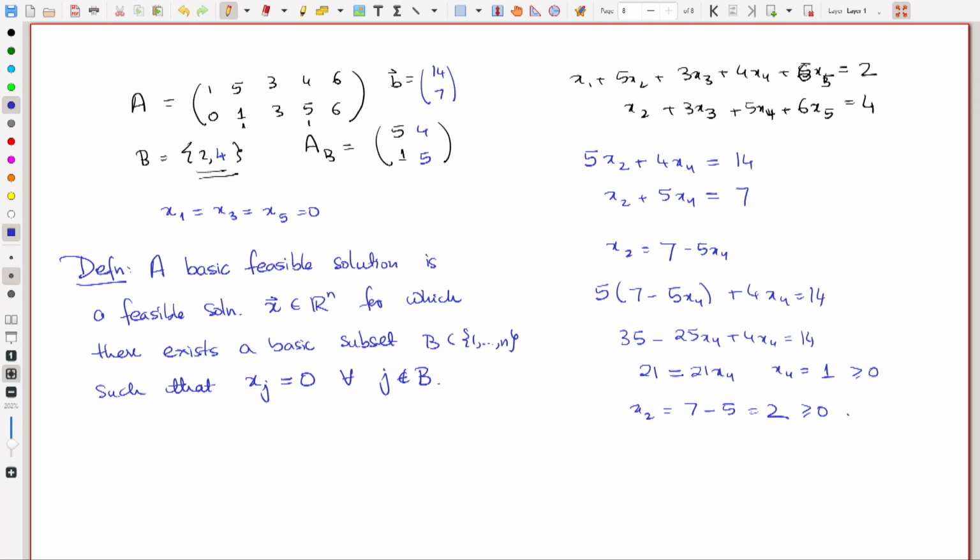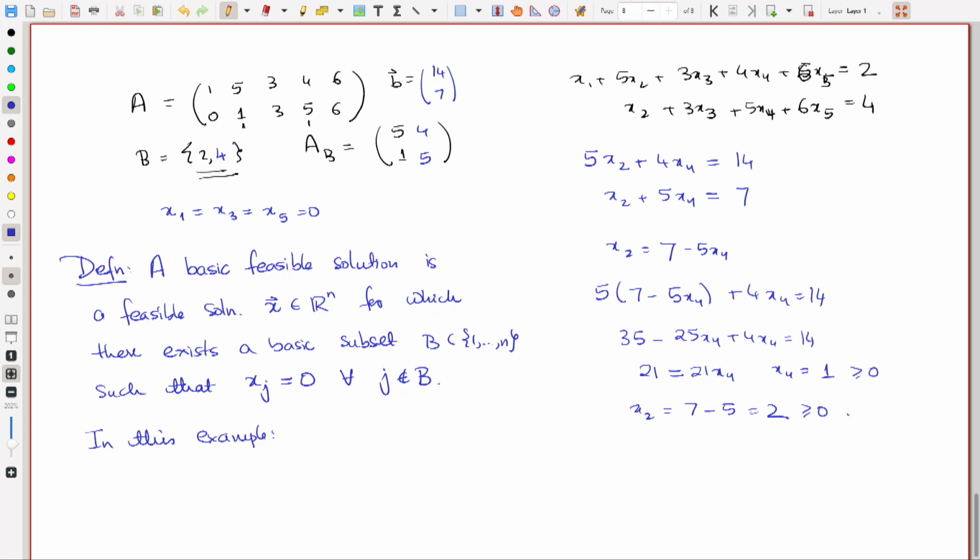So, taking B equals 2 comma 4 in this example, what is the basic feasible solution? What is the vector I should be looking at? In this example, the basic set is 2 and 4.